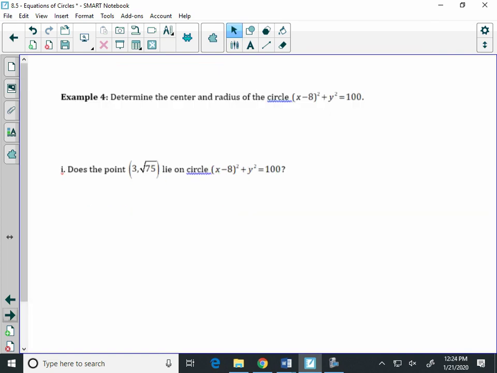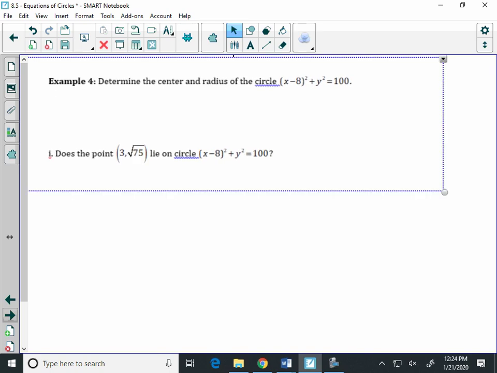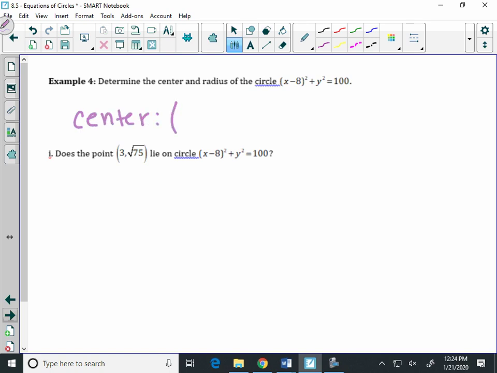If we take a look at example 4, determine the center and the radius of the circle. So for our center, negative 8 is paired with the x, so when we take it out, it turns what? It turns positive. Here's the thing with the y.